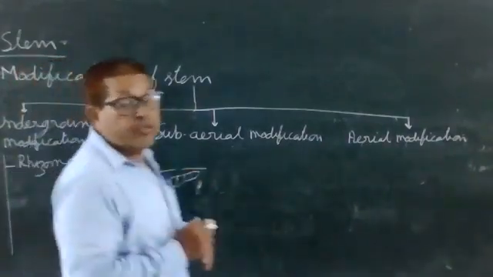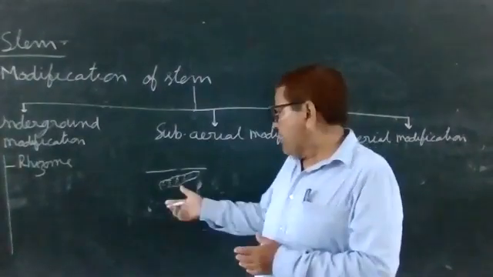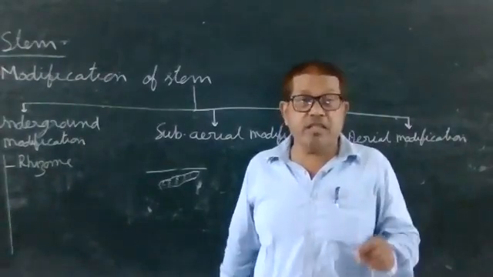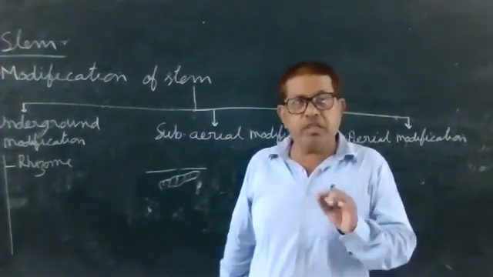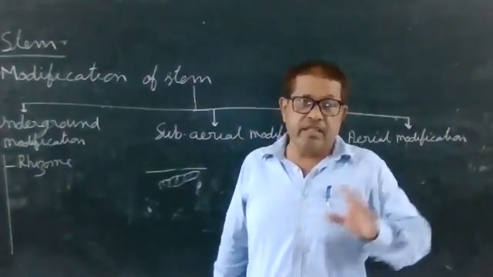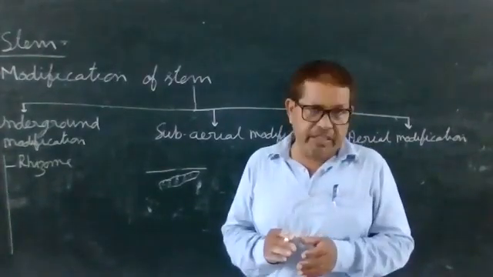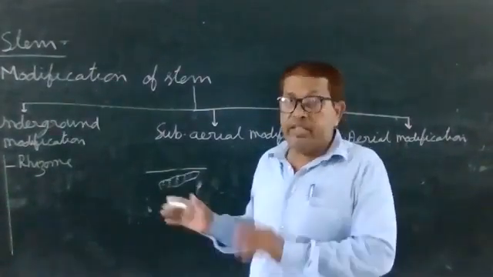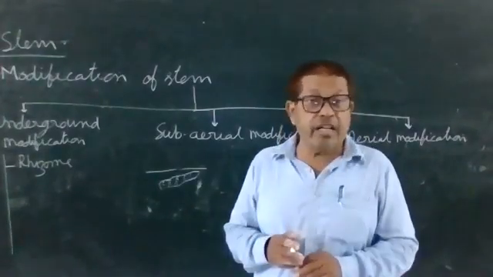So it is parallel to the soil, and it consists of nodes, internodes, axillary buds, and roots. They store the food material. So this is rhizome.